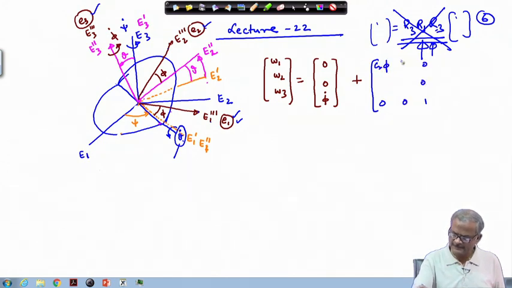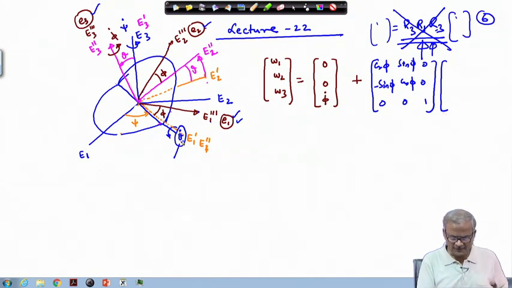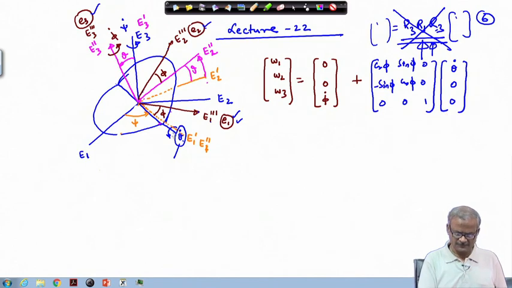So this will be cos phi, sin phi, minus sin phi, cos phi, operating on theta dot. Theta dot is along the x axis here, so we put theta dot, the rest are 0. Along the E 2, E 3 double prime direction there is nothing, because phi dot we have already taken care of.